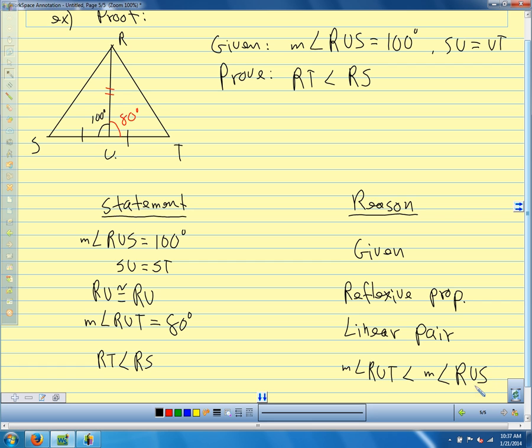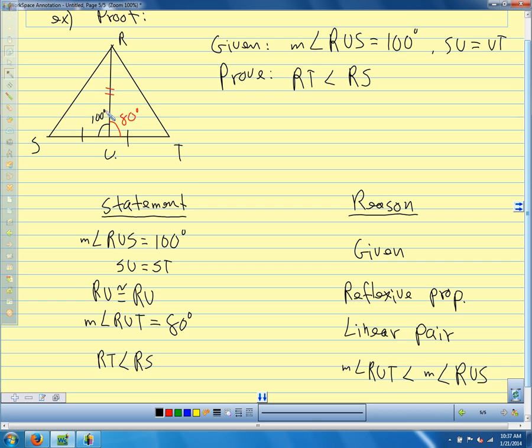So that's where I would say I would be fine with this as a reason. The book would call this the converse of the Hinge Theorem. This angle is smaller than this angle, so this side has to be smaller than this side. So the book would call that converse of the Hinge Theorem.